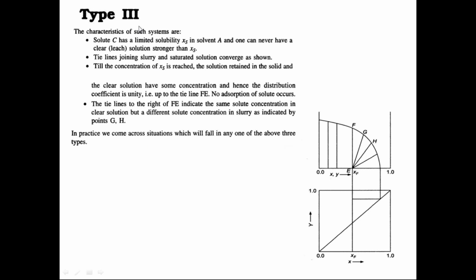For example, if you take a solute which at room temperature has a limited solubility in water, you cannot exceed that value. So in that case, you will get the type 3 equilibrium. So any one of the equilibria may result.